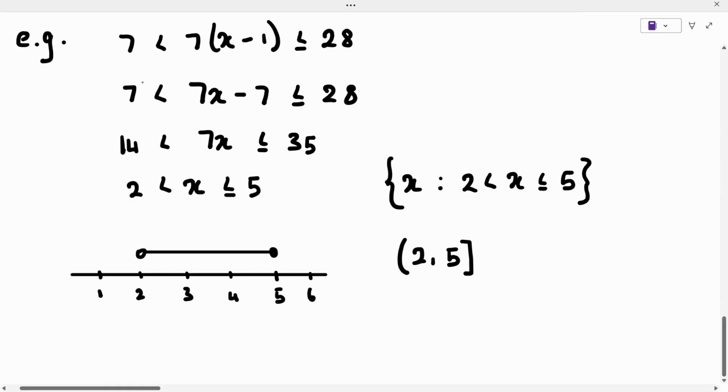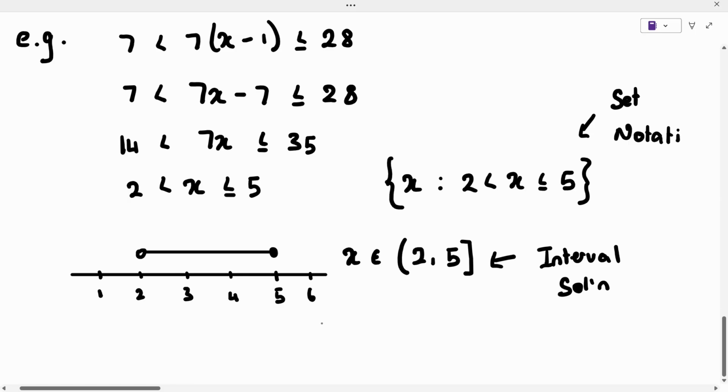We use this regular bracket when we don't want to include the number, and we use a square bracket when we want to include the number, right? So this is the interval solution. Right? So x belongs to this interval. And this is, of course, the set builder notation, right? And that is how you will solve a linear inequality.